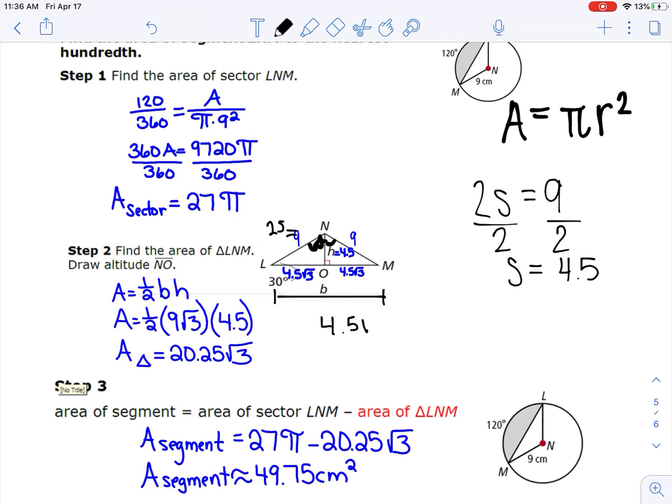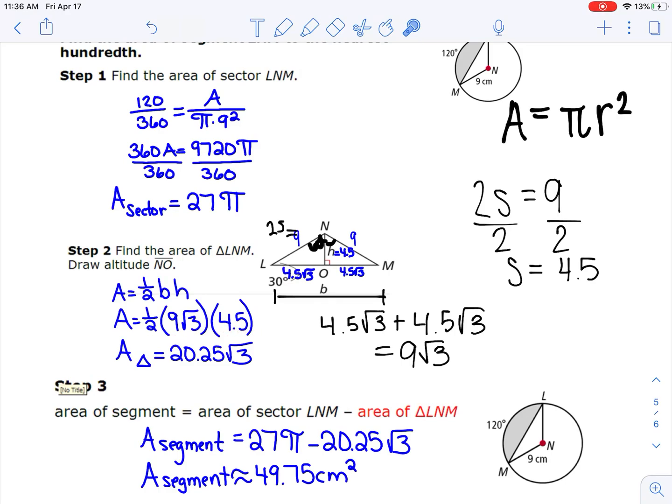So if we add those together, 4.5 root 3 plus 4.5 root 3, that equals 9 root 3. So that's our base. And then our height, which we have already discussed, was 4.5.